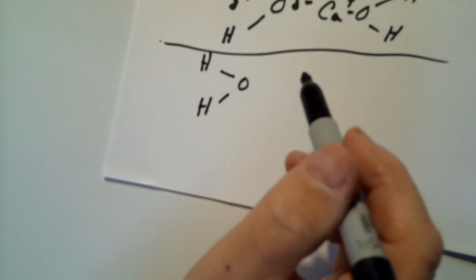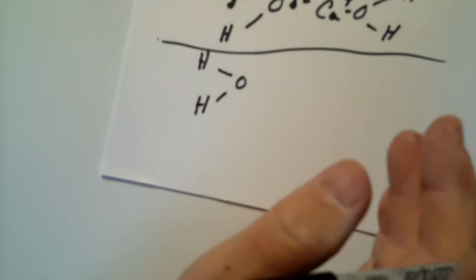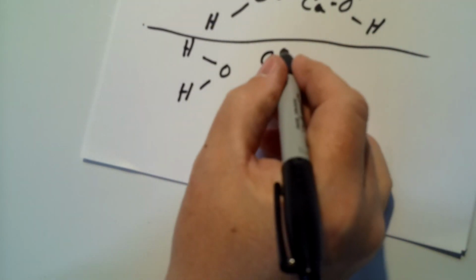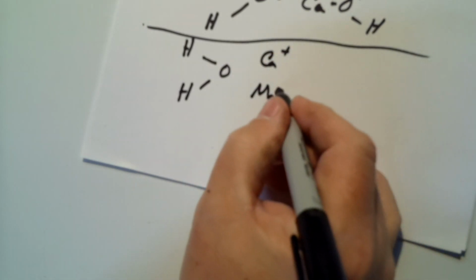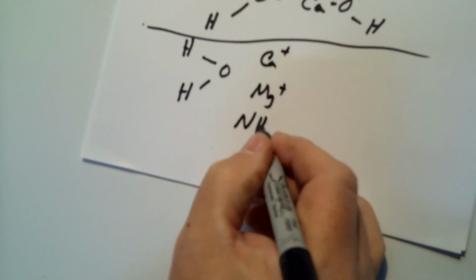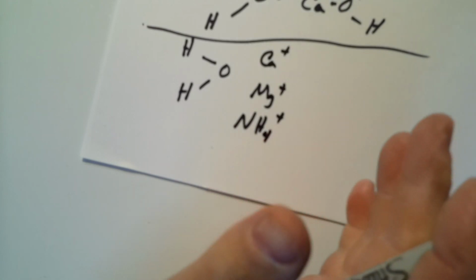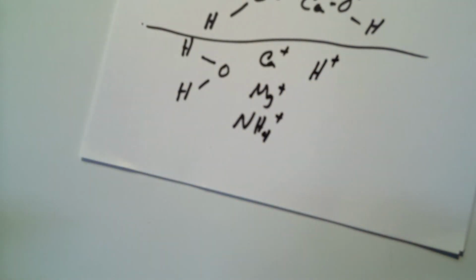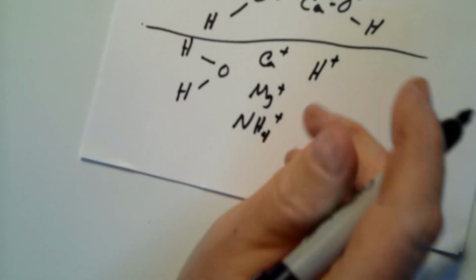The reason it leads to BER is because of the number of cations in the soil. Calcium is one of those cations. Magnesium is one of those cations. Ammonium is one of those cations. Does that make sense? Hydronium is one of those cations. There's a whole bunch of others.